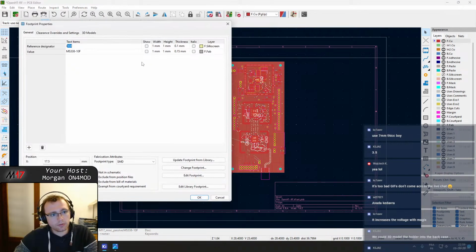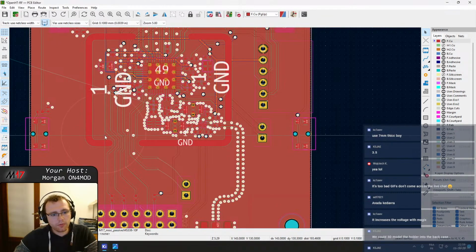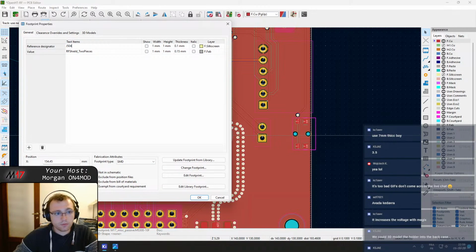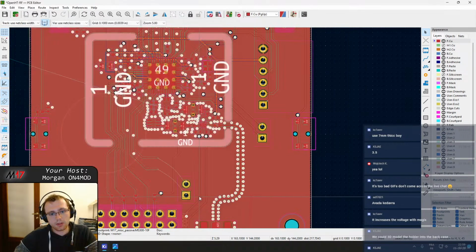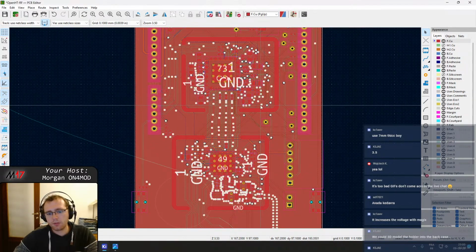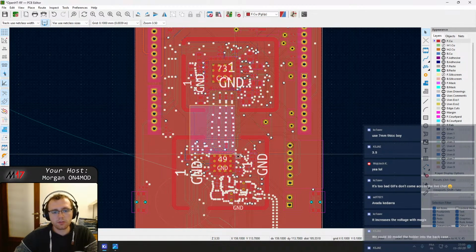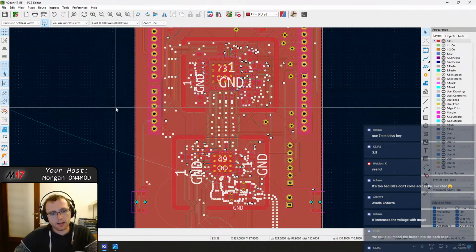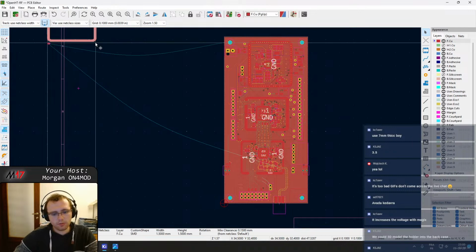Yes, of course. J504. When I placed this shield, I just copied this footprint and then it placed another one for J402, which doesn't make sense. So I then need to remove that.